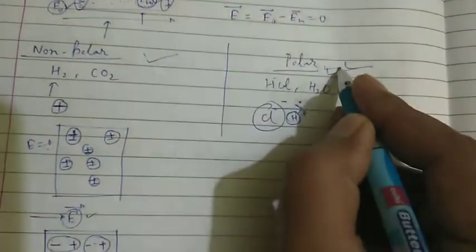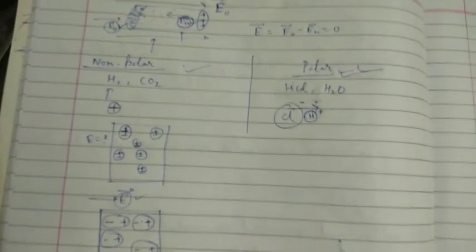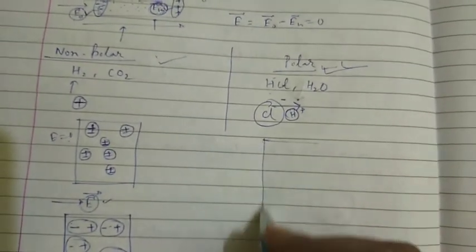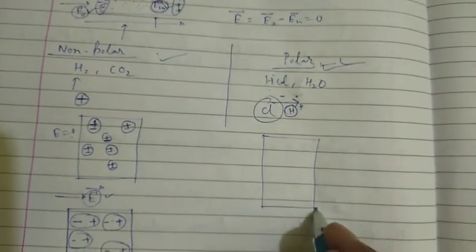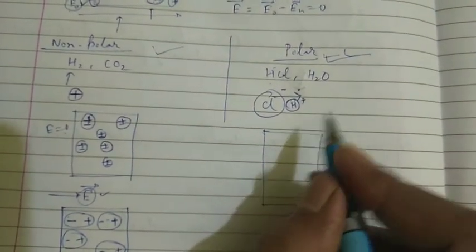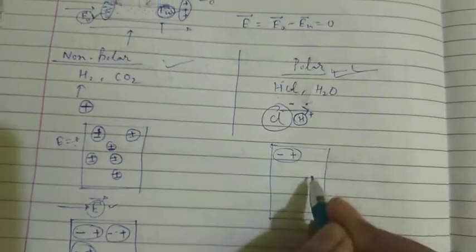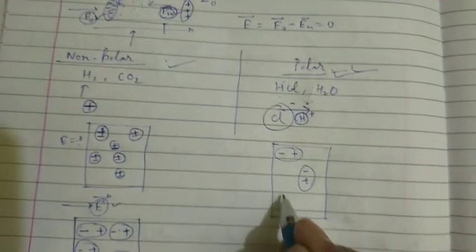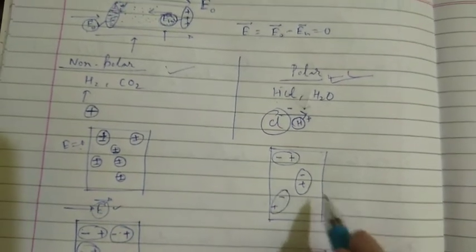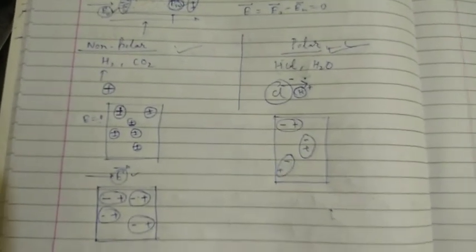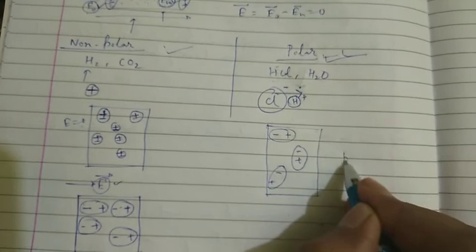But in the case of polar molecules, the charges are already separated, but they are randomly oriented because of the thermal energy. So suppose one is like this, the next one is like this, some like this. So they are randomly oriented. As a result, the net dipole moment is 0.